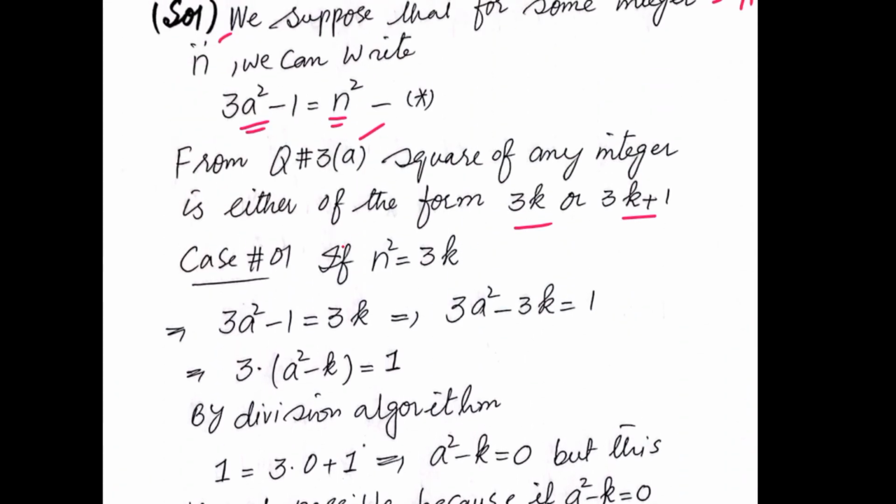if n^2 is equal to 3k, in question number 3, we have proved that the square of any integer has a form 3k or 3k plus 1, as we have claimed that this number is equal to the square of this integer n. So if n^2 has a 3k form, this becomes 3a^2 minus 1 is equal to 3k by putting n^2 is equal to 3k in star.